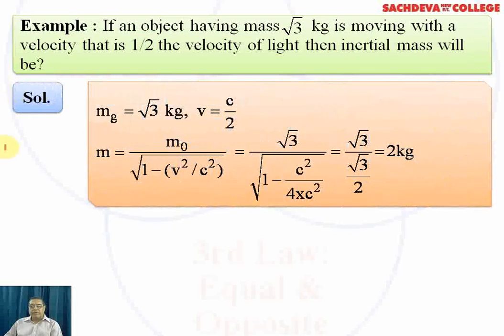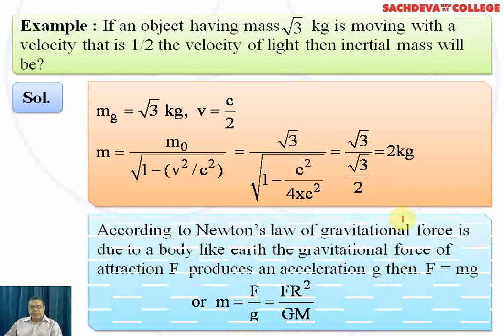We use the equation m is equal to m naught over under root 1 minus v square over c square. Then we compute the values. For v, we take c over 2 and then square it, so it becomes c square over 4. After the calculation, the value becomes 2 kilograms. So the moving mass of the body whose rest mass is root 3 kg will be 2 kg.